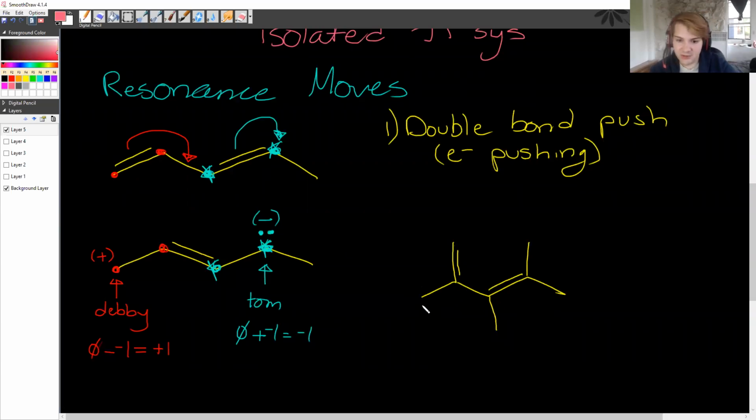Let me do some labeling. What I want you to tell me is to give me one major resonance form for this molecule.